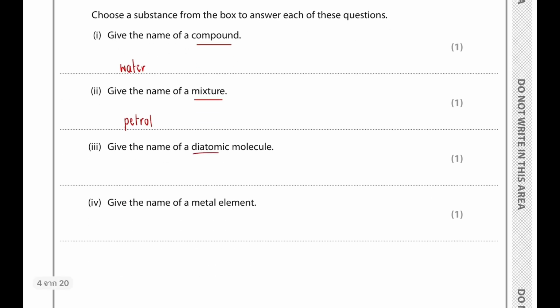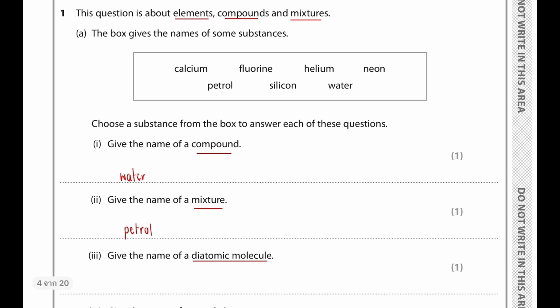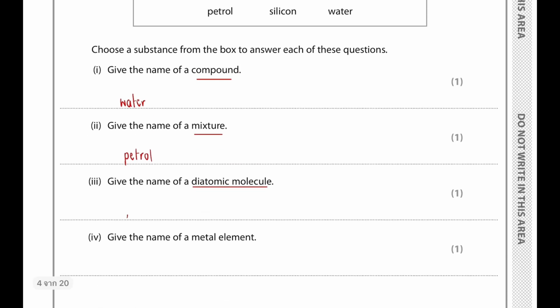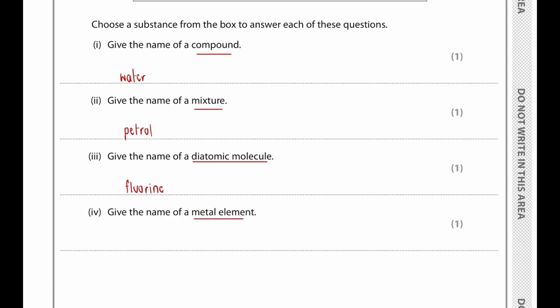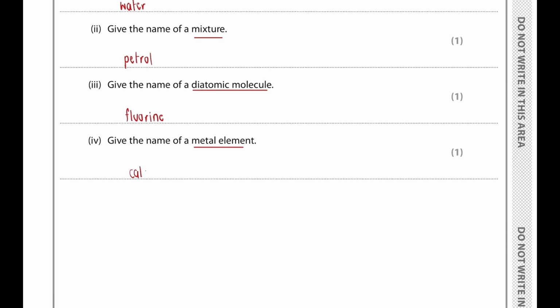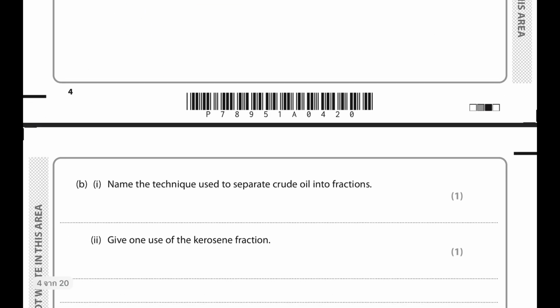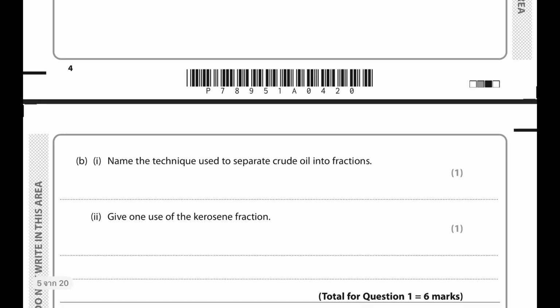Give the name of diatomic molecules. So it will be fluorine. Give the name of a metal element: calcium. Then question B, name the technique used to separate crude oil into fractions.